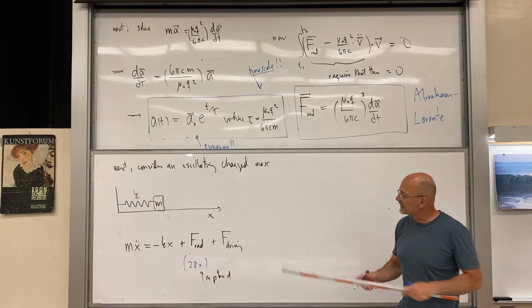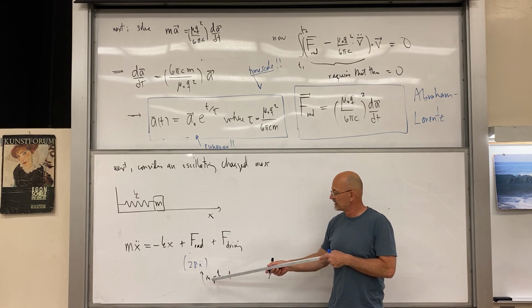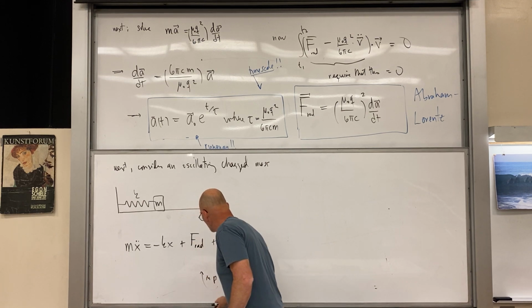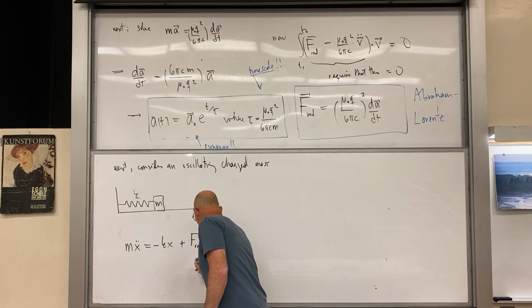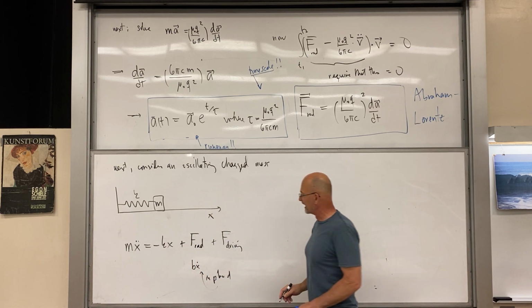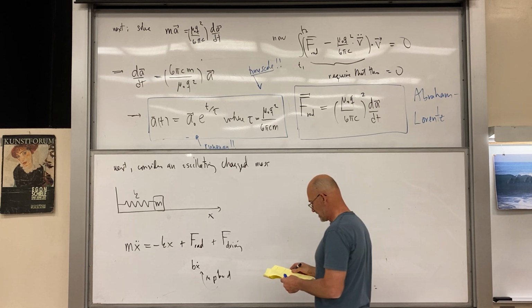The way we've treated this in the past is with a driving force and this 2 gamma x dot. Or actually, that's premature. Before we divided by m, this would have just been some constant times x dot. So that's what we're going to substitute in.